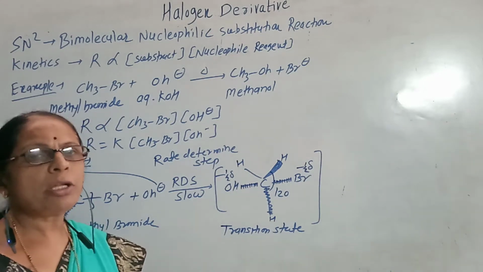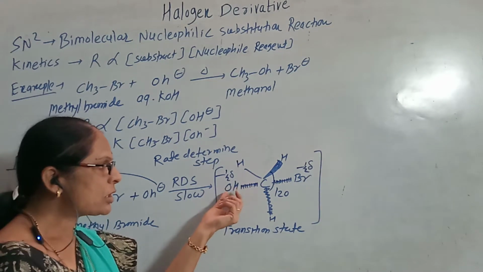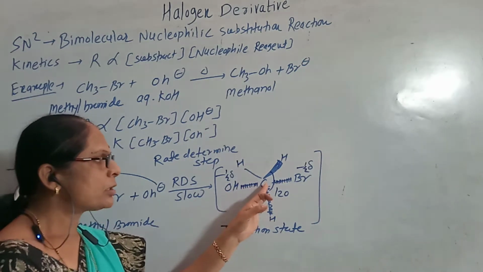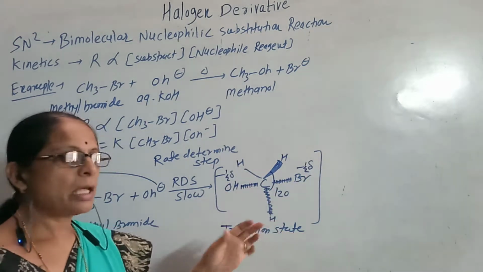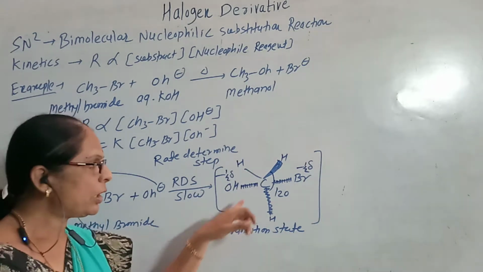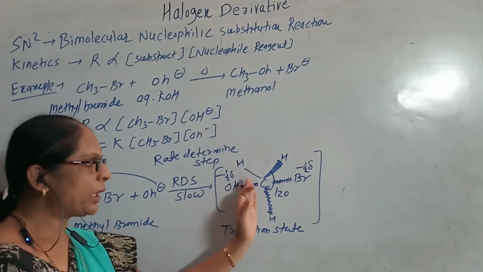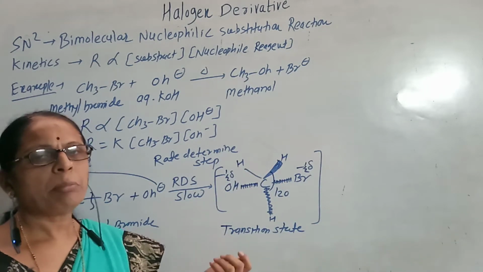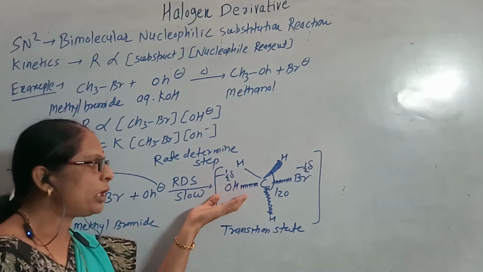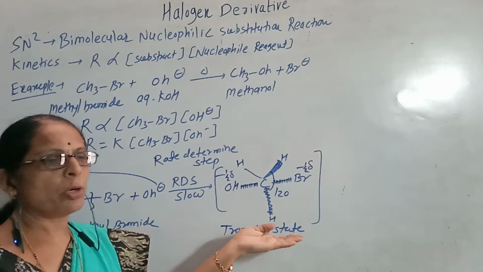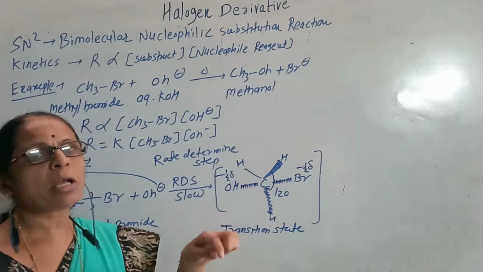So the energy released in the partial formation of C-OH is utilized to partially break the C-Br bond. So in the transition state, the making of the C-OH bond and the breaking of the C-Br bond take place simultaneously, using the energy evolved during the formation of the C-OH bond to break the C-Br bond.